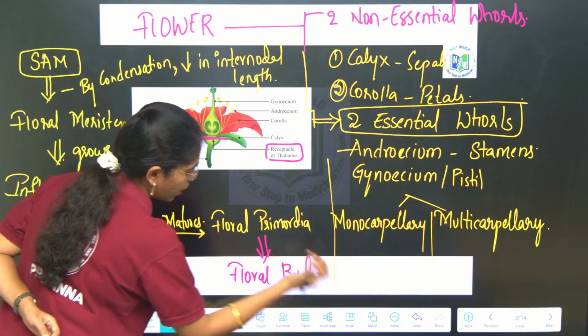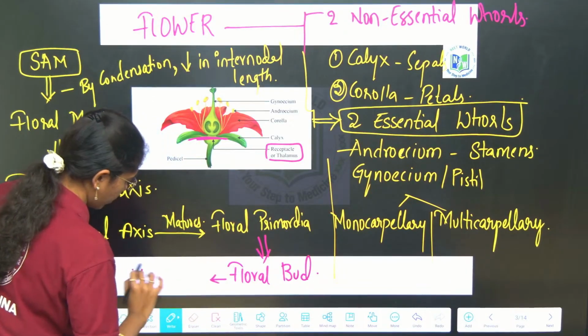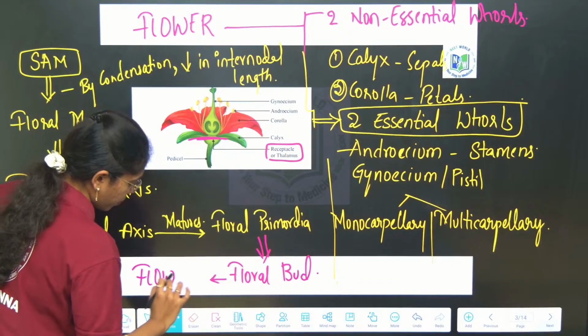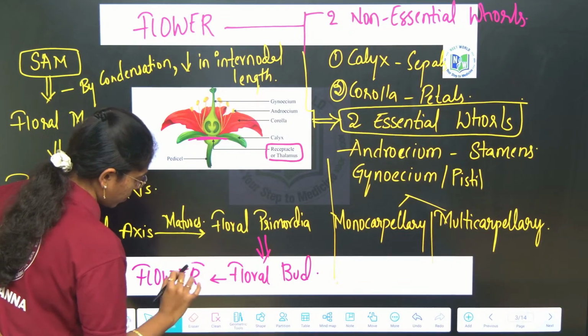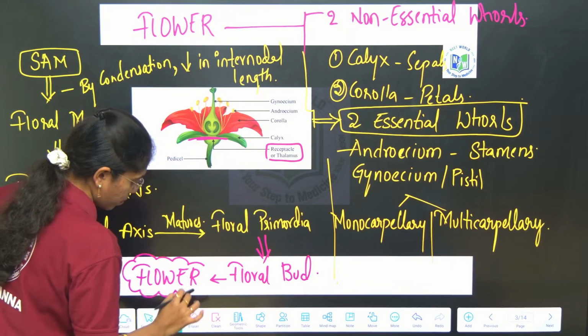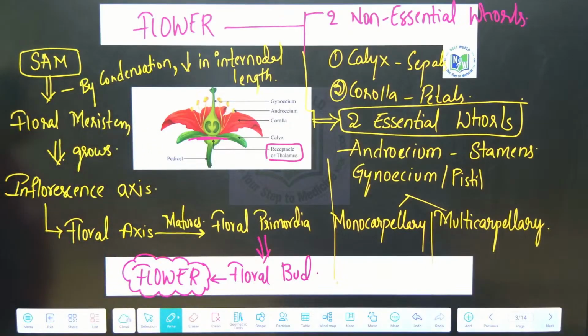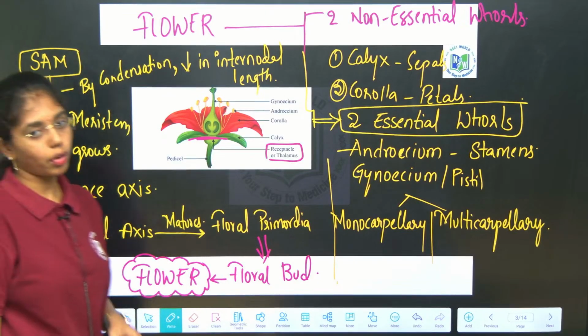This floral bud will develop into a flower. This is the sequence of development which is given in the introductory paragraph of this chapter.